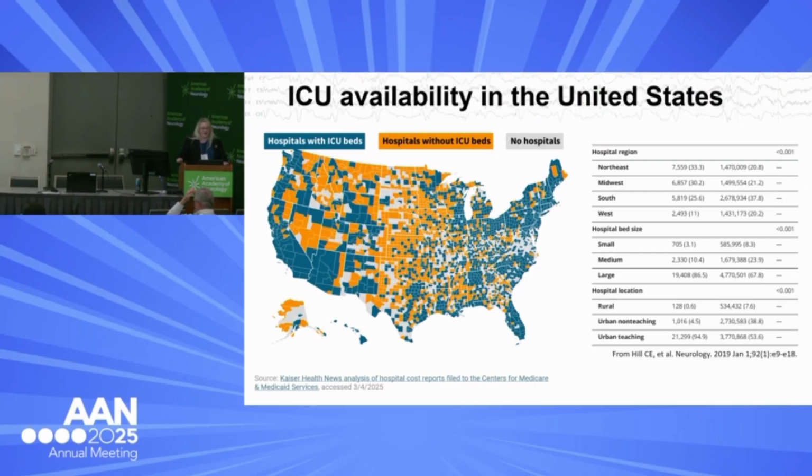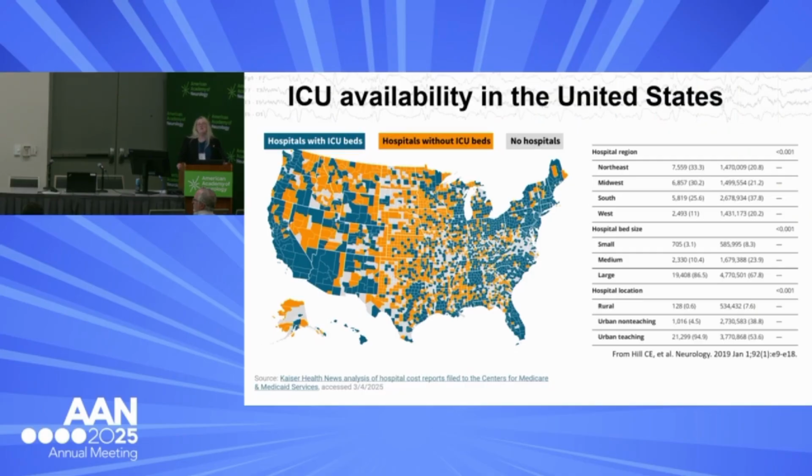One thing that has been highly noteworthy is that when we look at where critical care EEG is taking place, it tends to be in areas with lots of ICUs. And that tends to be in the northeastern United States, where we have a lot of population concentration. It tends to be in facilities that have a lot of hospital beds.